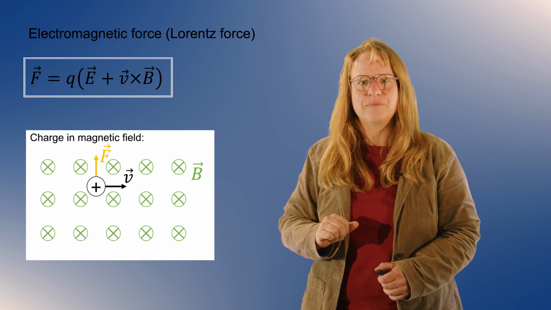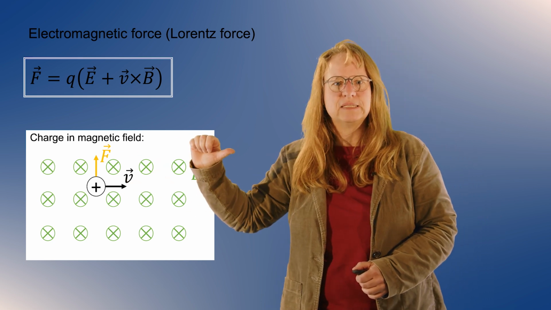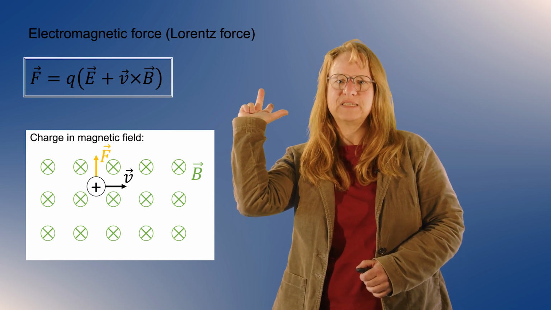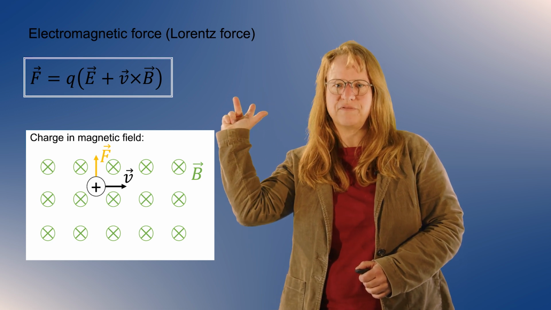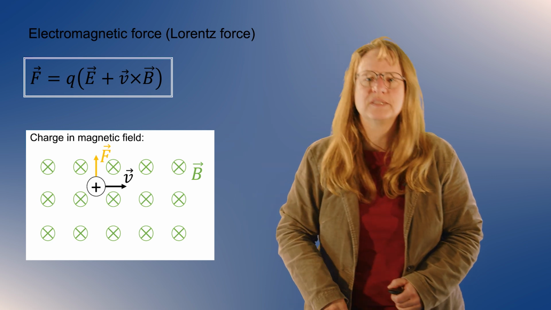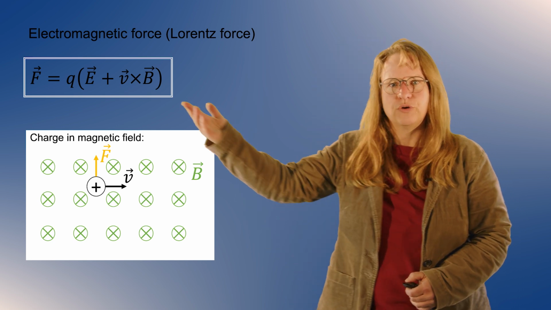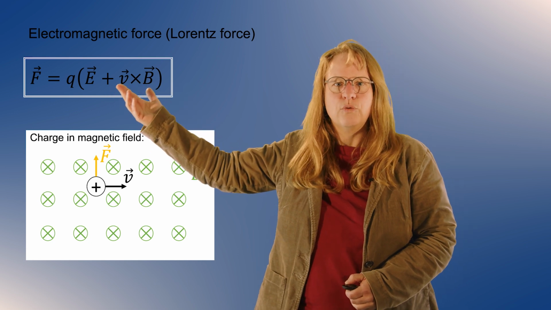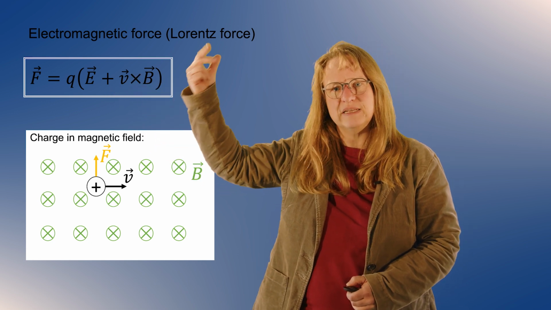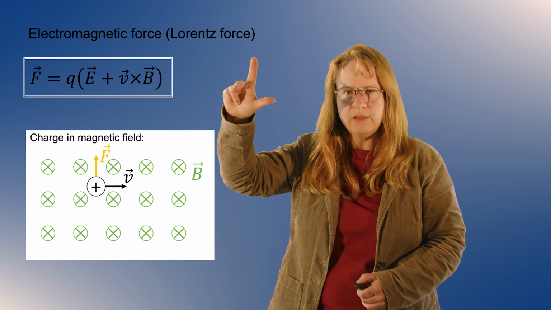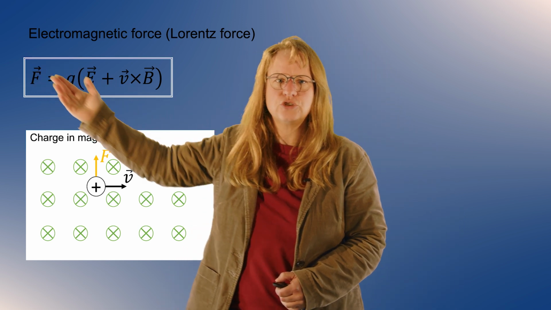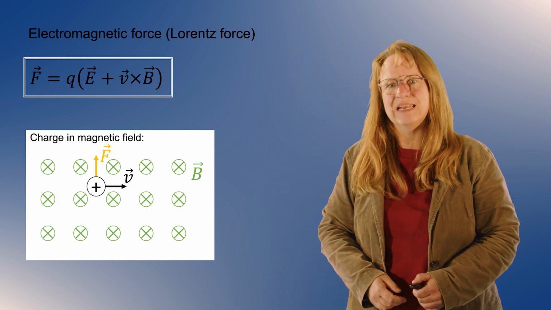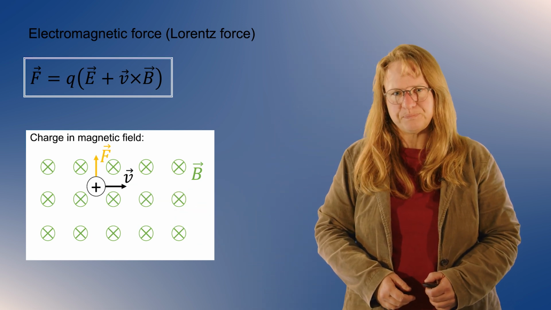Okay, so let's consider the positive charge here, and it's moving in this direction. We have a magnetic field that's pointing backwards, and that means the cross product of the vectors results in an upwards force. This cross product means that if we form the cross product, we have the direction that is given by the right-hand rule for the resulting force vector, and in this case that means that a positive charge will experience an upward movement.